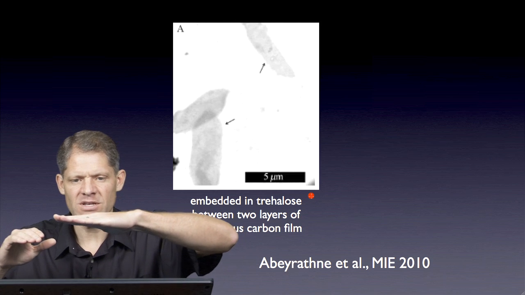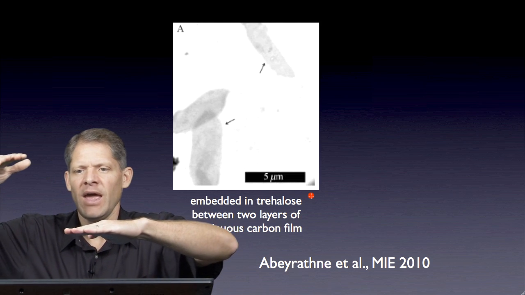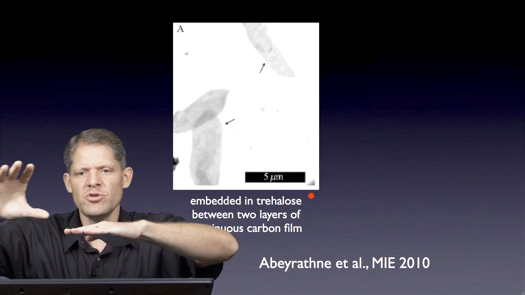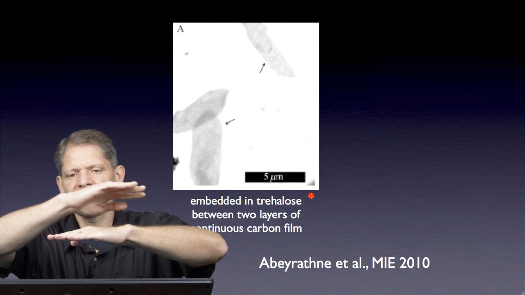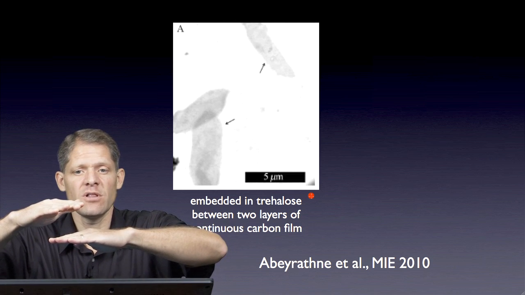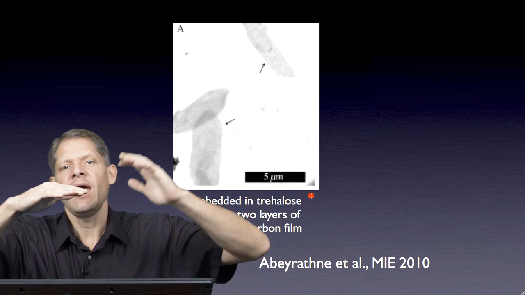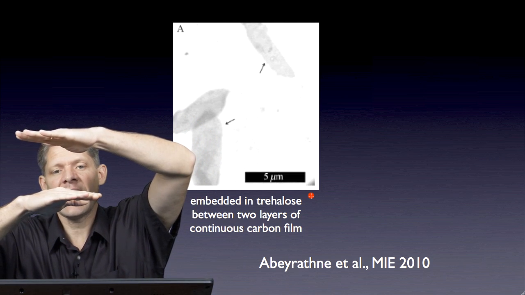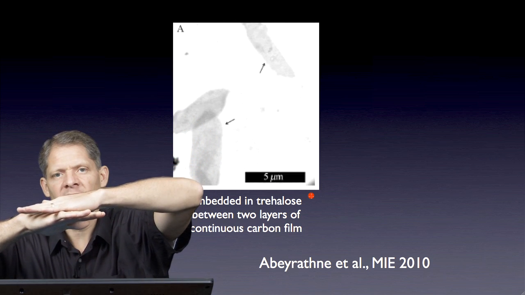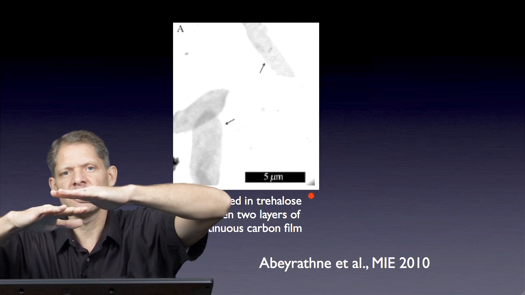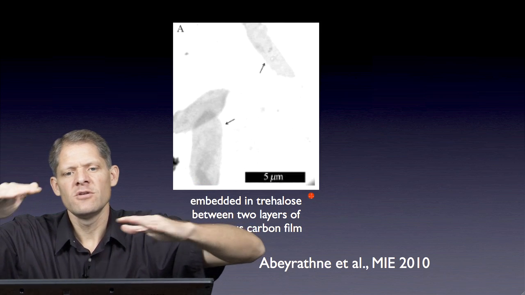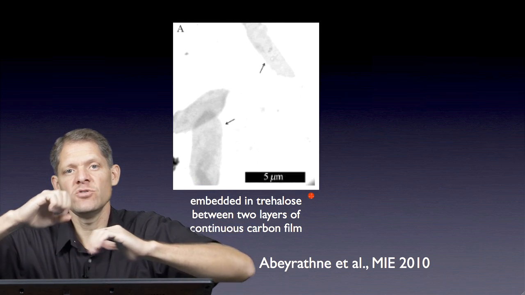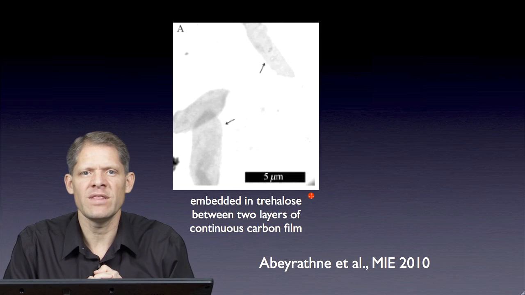So you might have a continuous layer of carbon and then a solution with your 2D crystals in it. Into that solution you can add a sugar like trehalose. As that dries, you can add another carbon film on top of that and let the water dry, and it embeds the 2D crystal in this sugar sandwiched between two layers of carbon. That's one way that they can be observed.